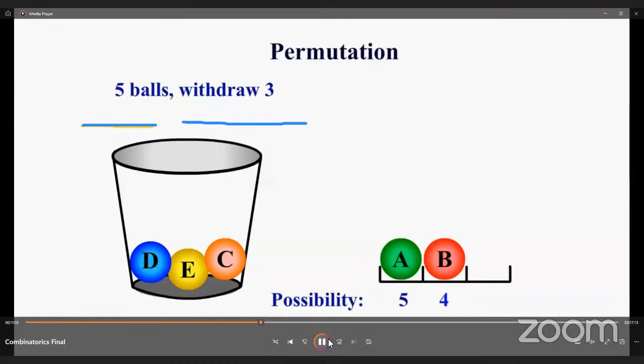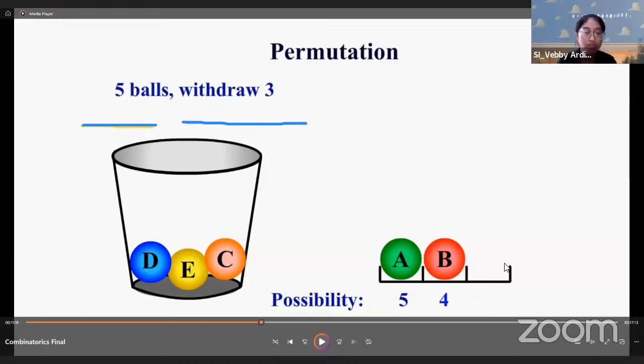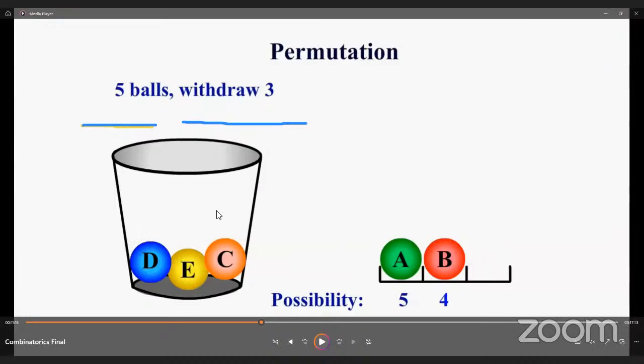Now, because you didn't put it back, for the third withdrawal, is it possible to get ball A or B? No, sir. It's not possible, because there's no A and B inside here. They're already taken and you don't put them back.